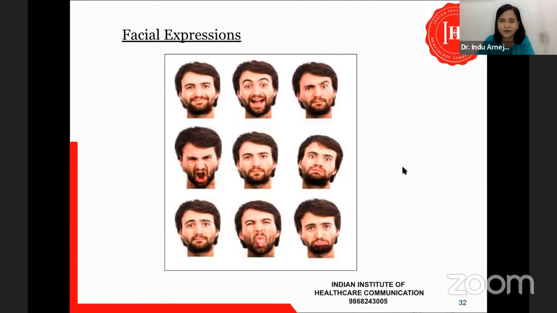Okay. So number 5 में क्या है? What do you see in number 5? What expressions are they? He's got a blank face. Blank face. And when we keep this face, what do we want to communicate? Okay.